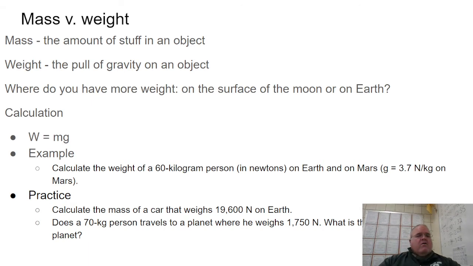So now I want to look at some calculations.